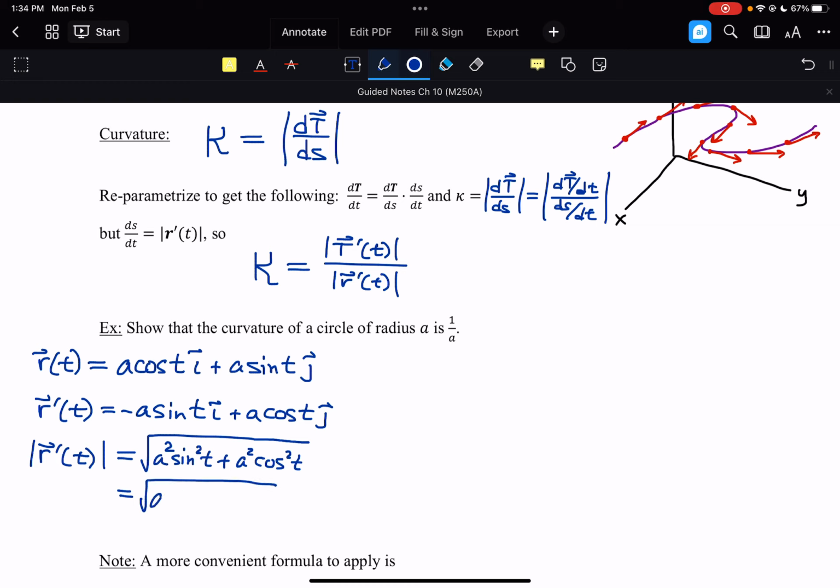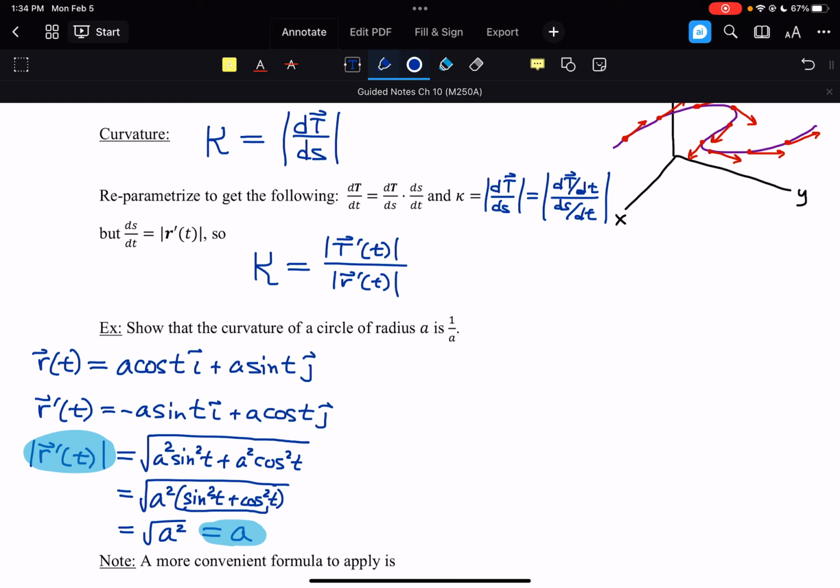We can factor a squared out of there. Of course, we encounter this same trig identity a lot, so that's just 1. So this is the square root of a squared, or just a. Okay, so we get the magnitude of r prime of t is a.